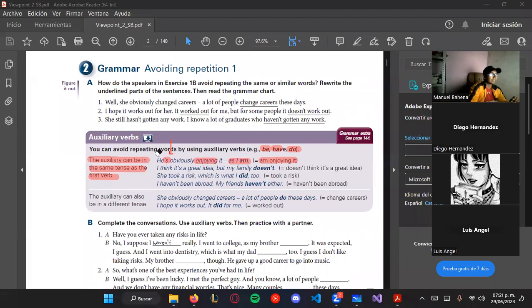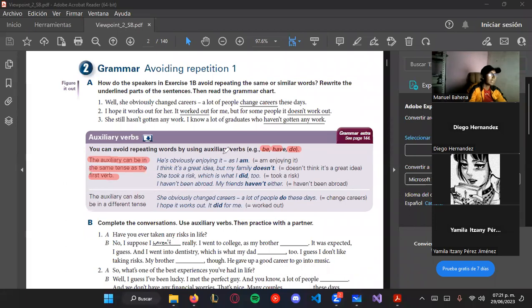Yes. Perfect. Excellent. So now number 2, Jamila, I don't know if I'm pronouncing it wrong. Can you read the second one, please? I think it's a great idea, but my family doesn't. Okay, excellent.